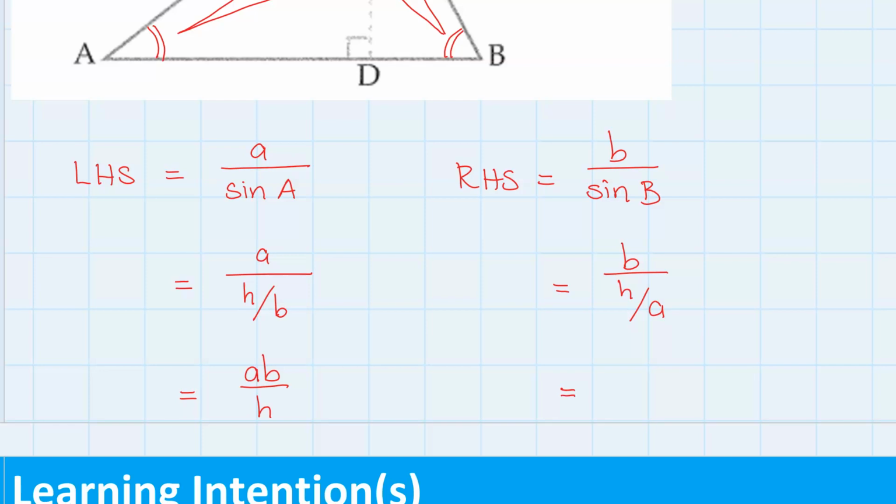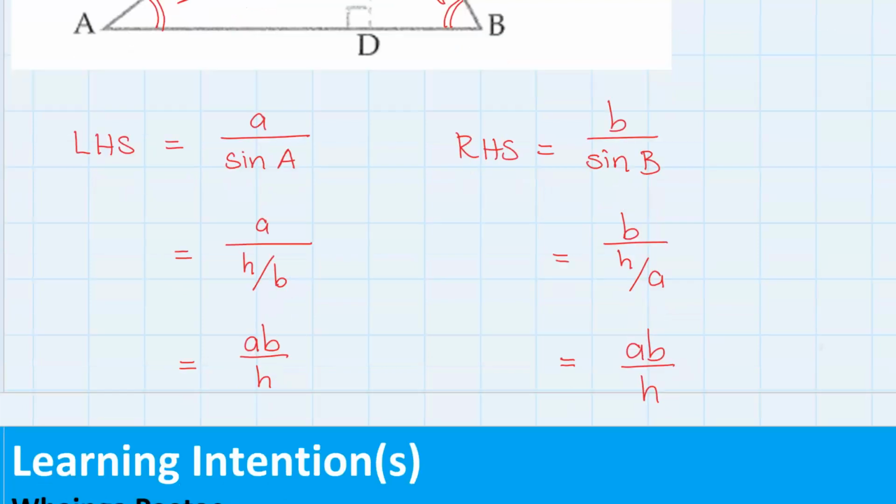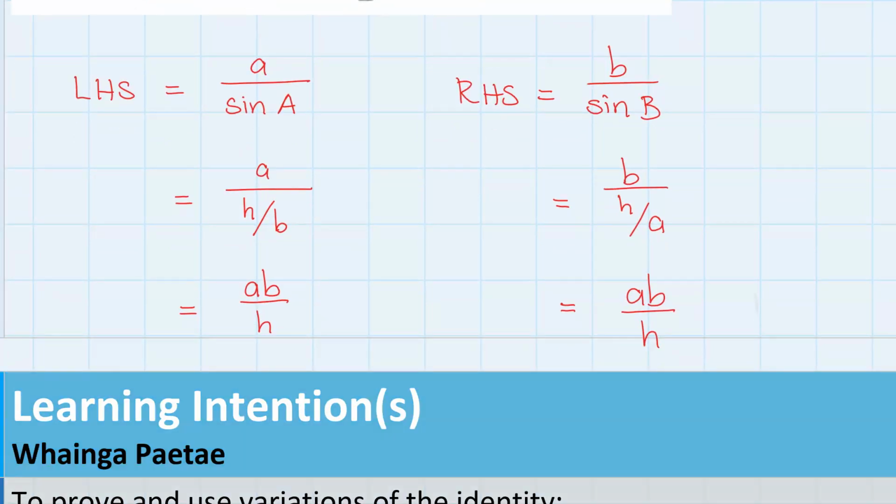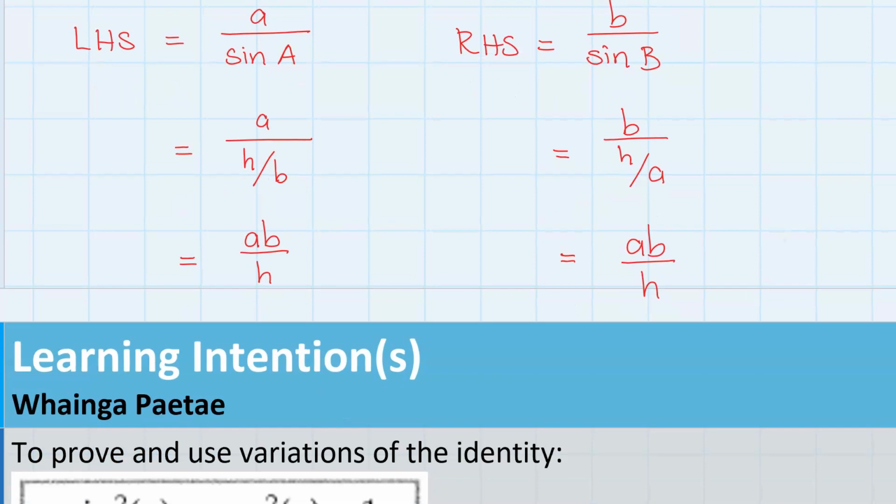So that's going to be b times a, which is ab. And we're dividing that by h. And there you go. All right, so we've got two equivalent expressions. So all we're going to do now is, for this thing here, I'll just squeeze it in on the right of that. Say, well, that's equal to the left-hand side, which we just calculated a few moments ago. Done.